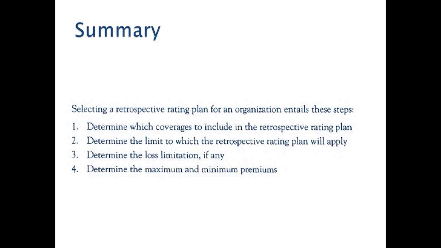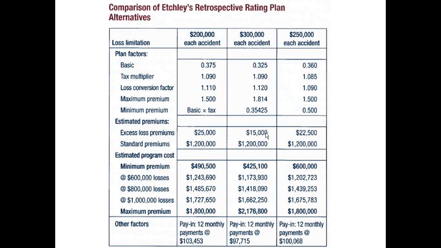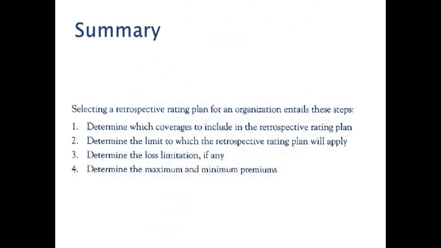And so going back to this, the key factors are maximum, minimum, what type of program, and what our loss limitations are, up to $300,000 per accident will be covered. Those are the types of things to look at when evaluating a plan to see which one's really the best for your organization.